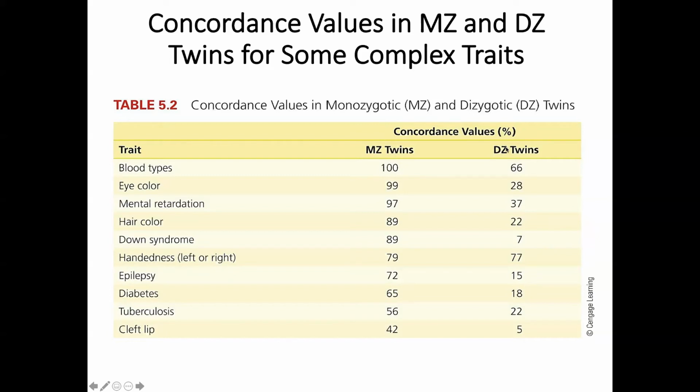From this table, you can tell that blood types, eye color, and mental retardation are highly concordant in twins, meaning genetics largely contribute to these traits. In contrast, the concordance values of cleft lip are quite low in both monozygotic and dizygotic twins, indicating environmental factors largely contribute to this phenotype.